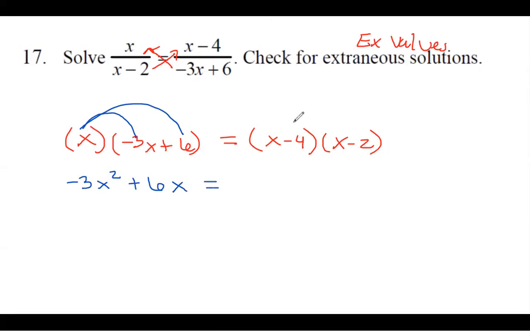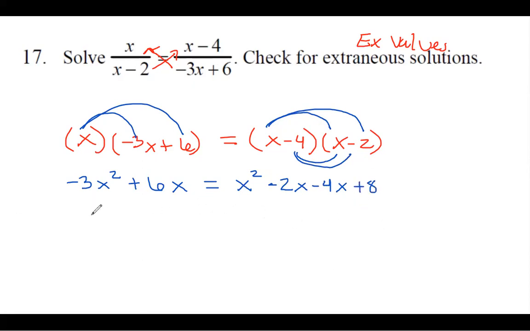We're going to FOIL. So remember that we have our first two terms. So we have x times x, which is x squared, x times negative 2, negative 2x, and then we have negative 4 times x, negative 4x, and then negative 4 times negative 2, positive 8.